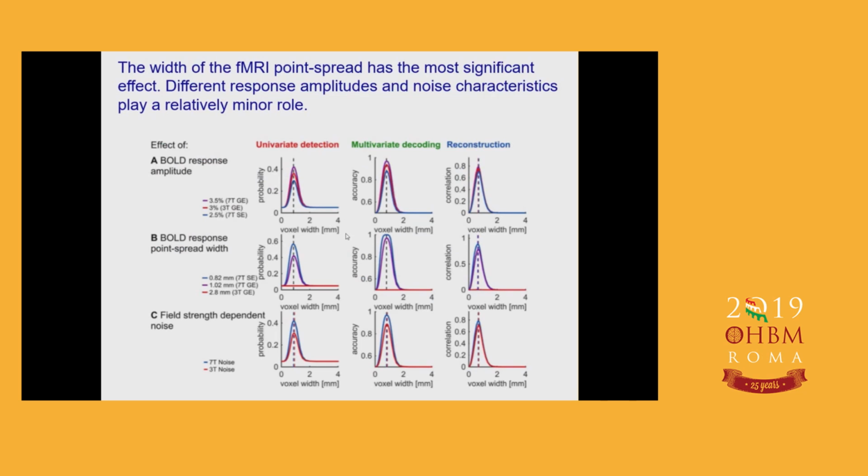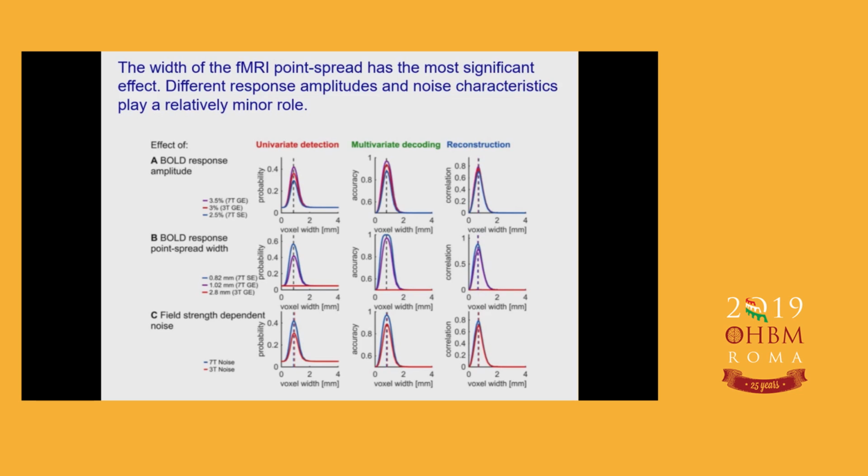Also, what matters for success in imaging and decoding cortical columns? It seems that the point spread function of the BOLD response is the determinant factor. You can see that at 3 Tesla, we get absolutely no success in decoding or imaging real cortical columns, mainly because of the point spread function being wide.